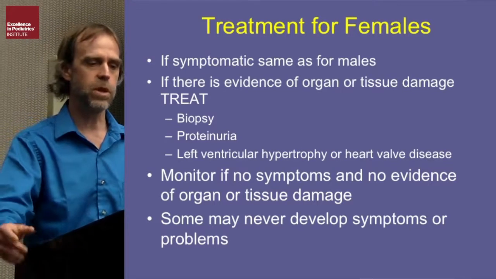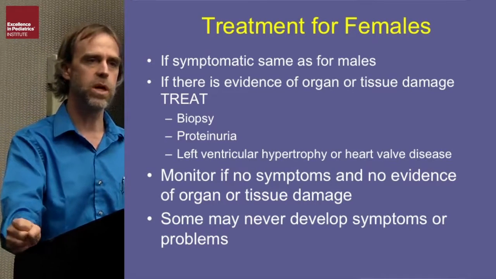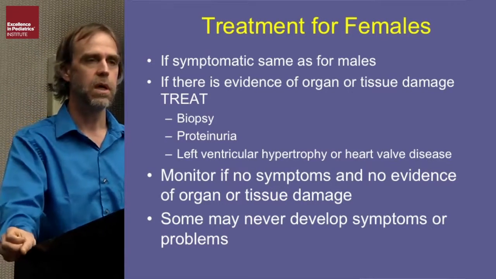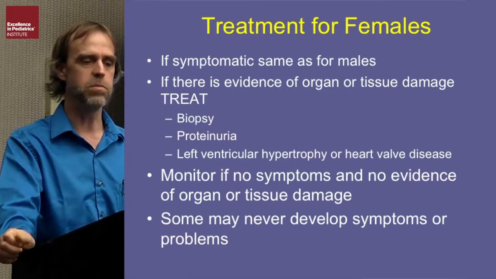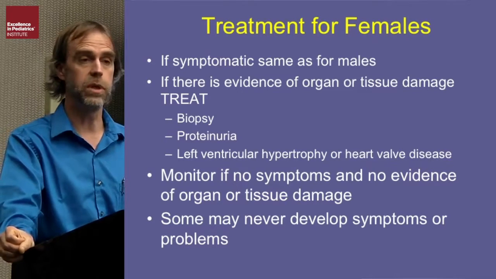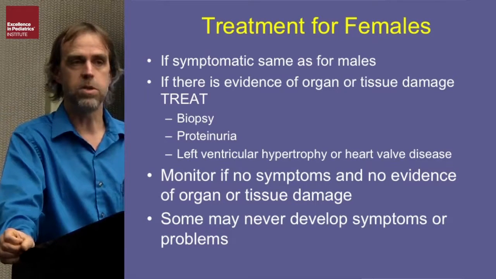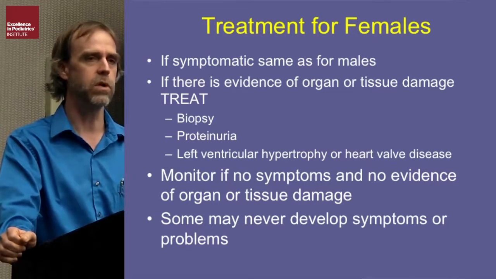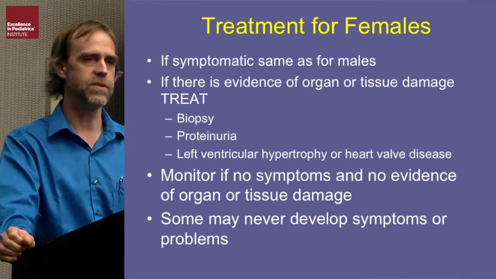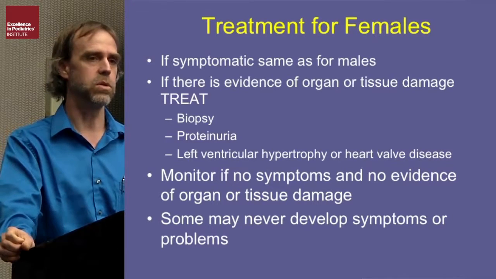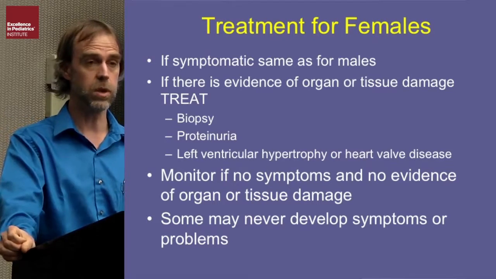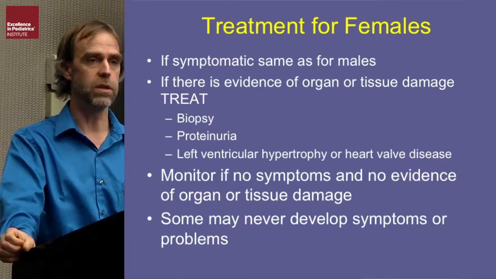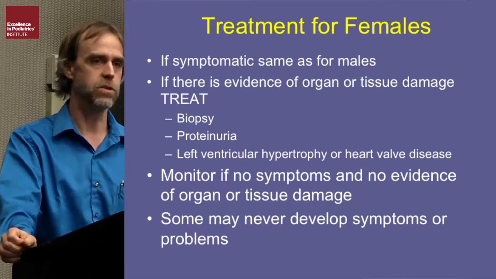And if the family of a male patient requests treatment prior to symptoms, even in very young children, I am open to that. The reason for that is essentially 100% of the boys will develop progressive disease, and if we don't treat it, they will eventually go into renal failure, heart failure, or have a stroke.